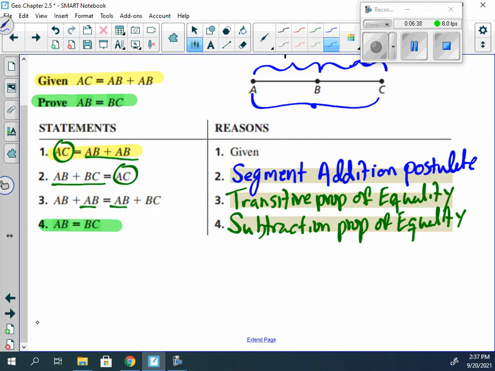Because we can subtract AB from both sides, which would just tell us that AB is equal to BC. And that's it. That's all we have to do. The more that we do, the better that you'll understand what we're doing. Any questions on this here? Any questions on this so far? Because that's all we had to do. We finished it.